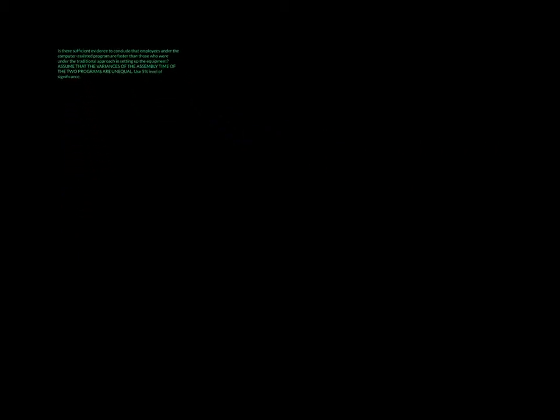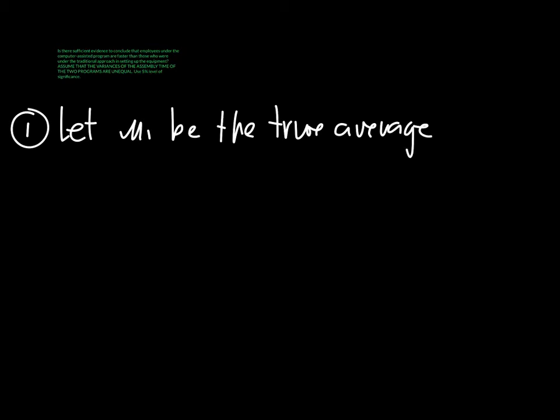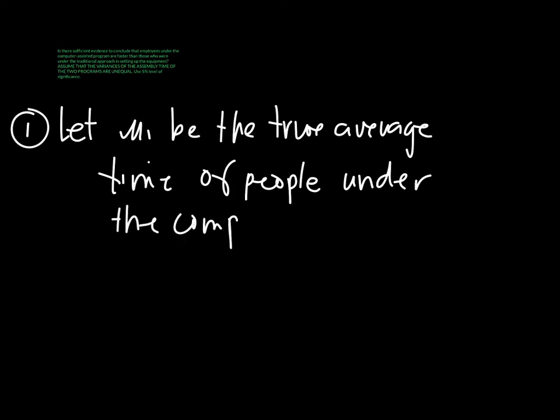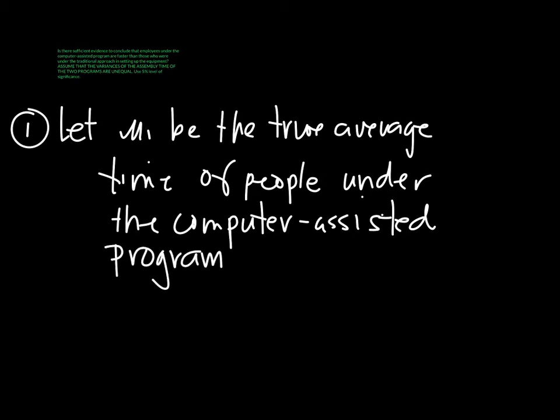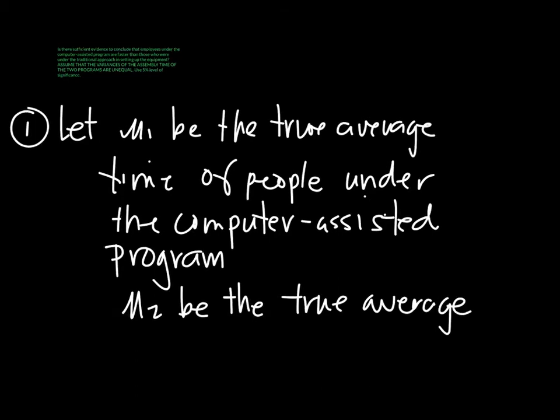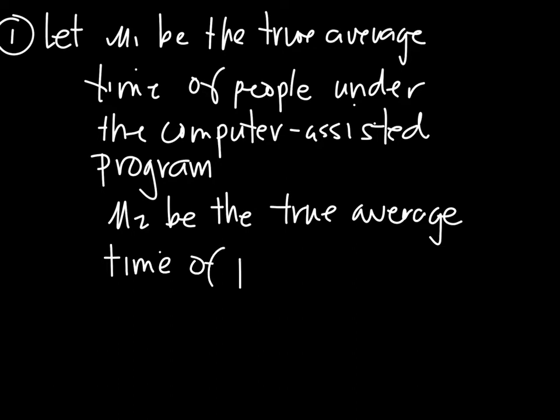So the first step is, let mu1 be the true average time of the employees under the computer-assisted program in terms of setting up the equipment, and mu2 be the true average setup time of people under the traditional approach.